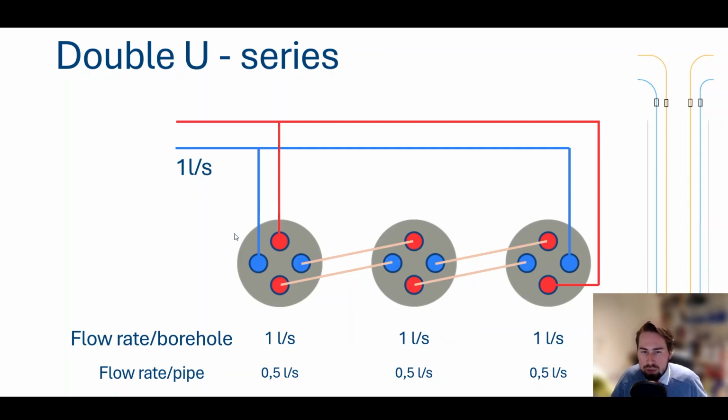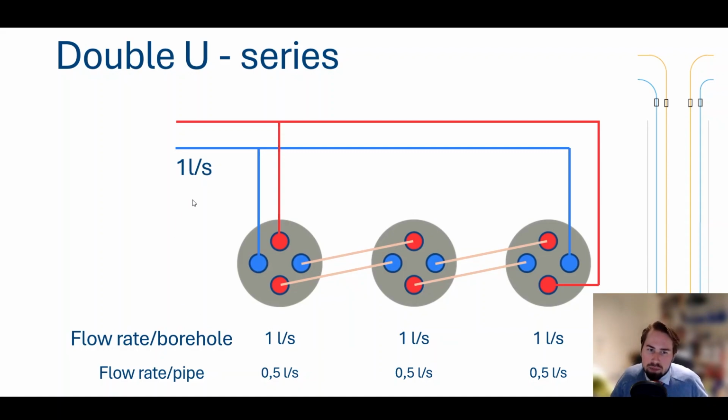So what we have here is our 3 boreholes, and they are connected in series. So what you can see here, we have 1 U-tube and it's connected to another U-tube and it's connected to another U-tube. And because we have a double U-tube, we have the same thing for the other combination. So this is a U-tube connected to this U-tube connected to this U-tube.